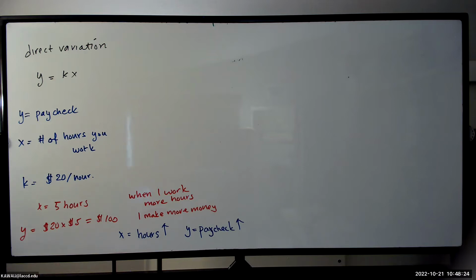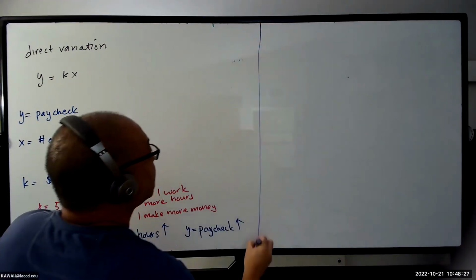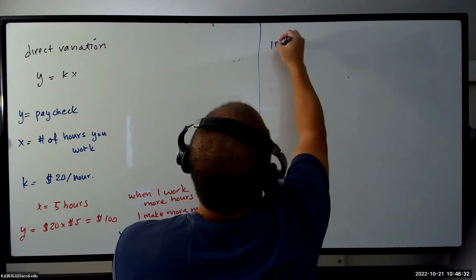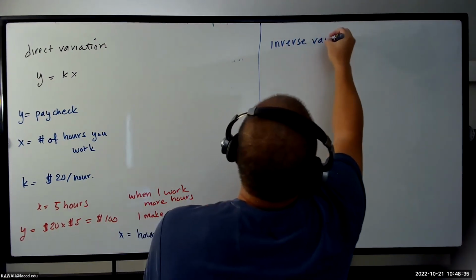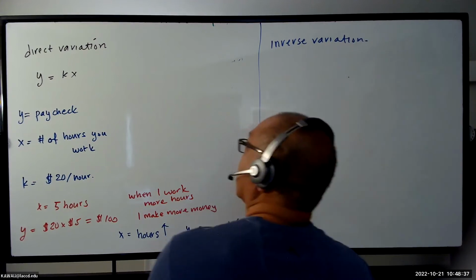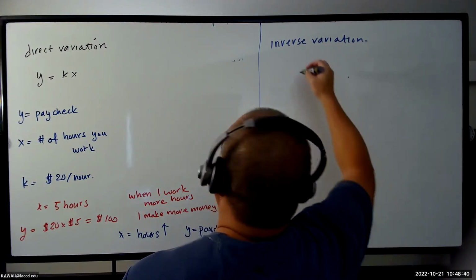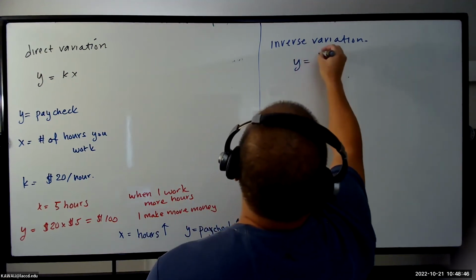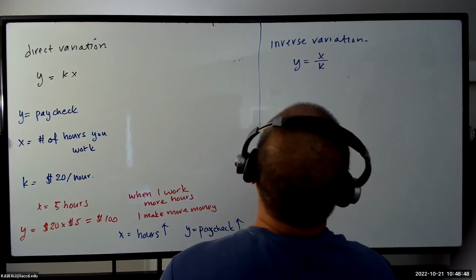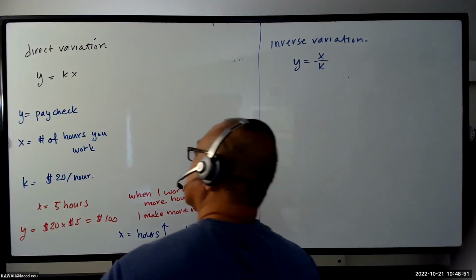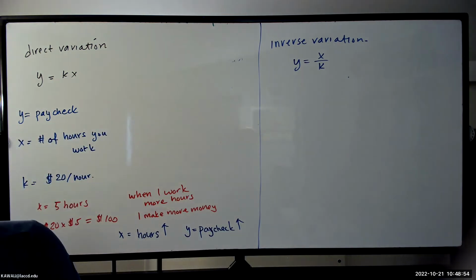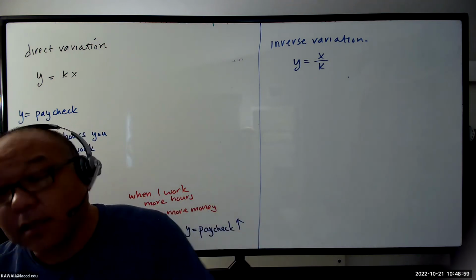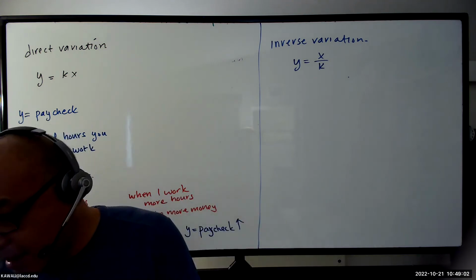Now let's look at the inverse variation. Okay. Now that'll be something that looks like y is equal to k divided by x. So let's think of this in terms of weightlifting. The heavier the weight, the fewer repetitions I can do, right?